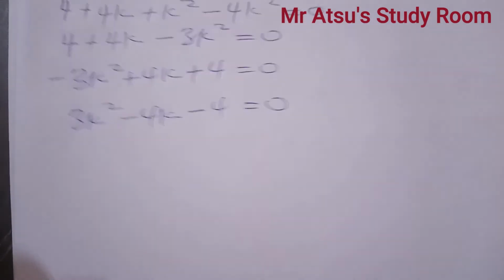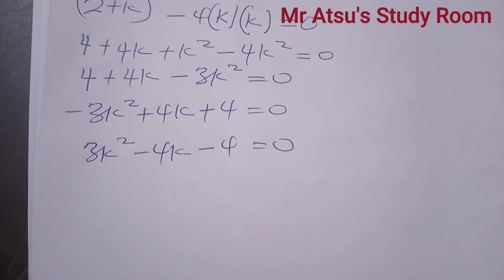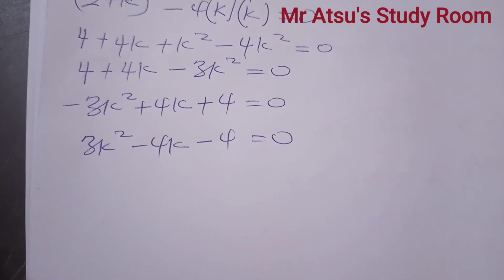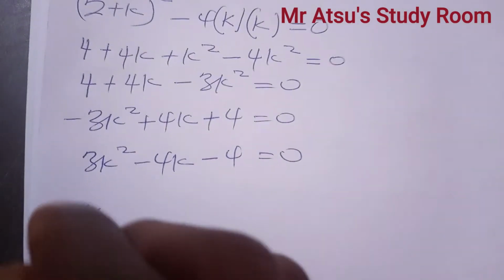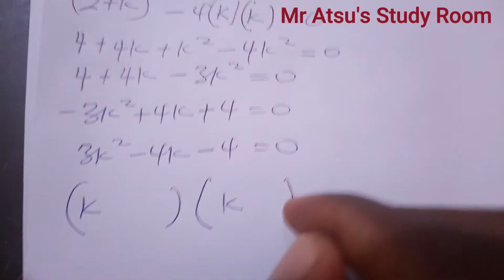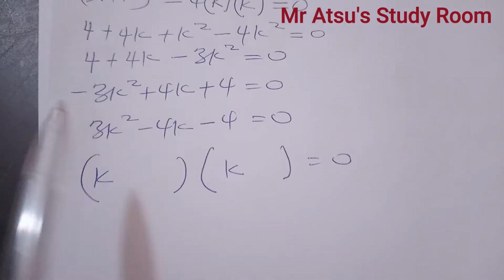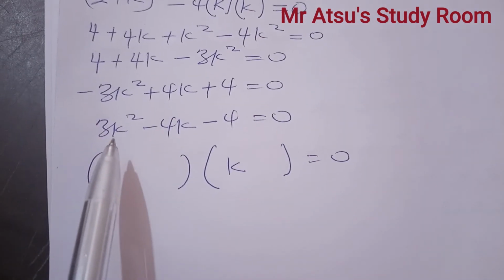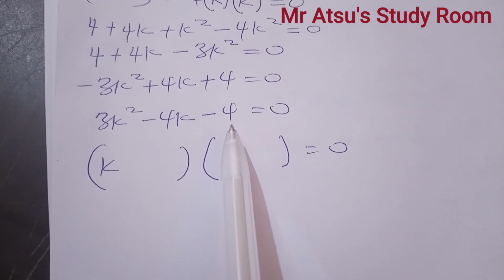Depending on whichever method you want to use to solve, I would like to use the factorization. So I have my k here and my k here equal to 0. So now 3 times negative 4 will give us negative 12.